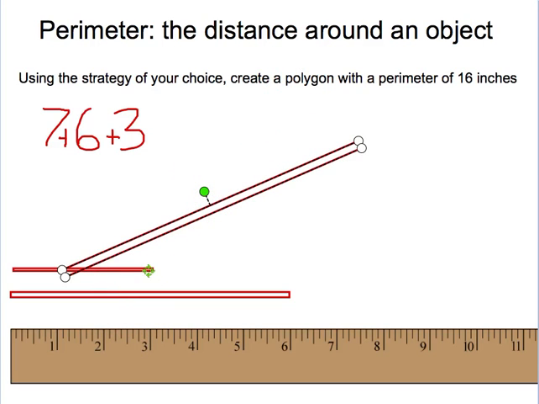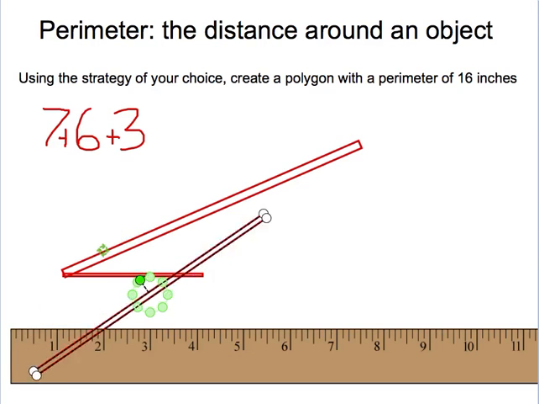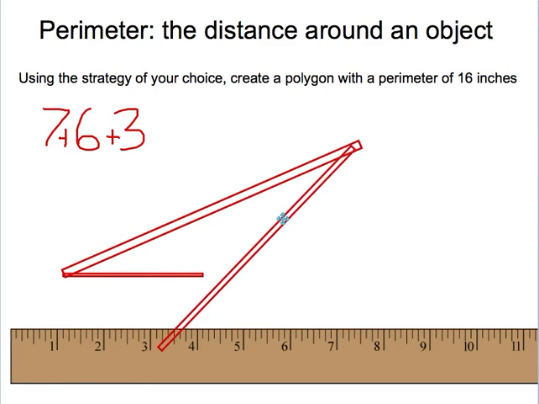Now again, on my screen it's going to take a while for me to be able to put all those pieces together nicely. With your scratch paper though, you should have been able to rotate them fairly easily so that they connected nicely. See, I need to shift this one out a little bit. Okay, so you get that idea. 3 numbers, when you add them up together, they're going to equal 16.